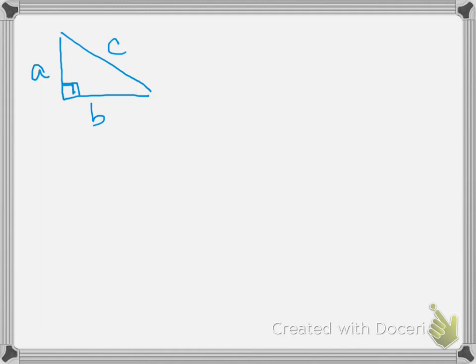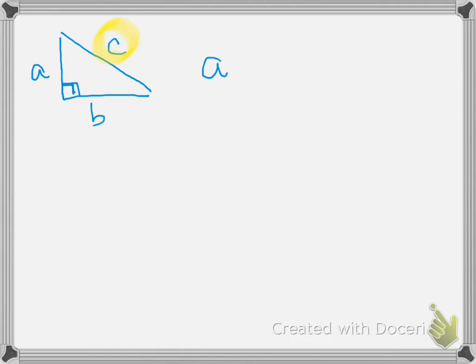Pythagoras was a Greek philosopher, and he took all these right triangles and found that if you take the two shorter legs, C is always the longer side, so that's important. It's called the hypotenuse, and you might remember that from high school.